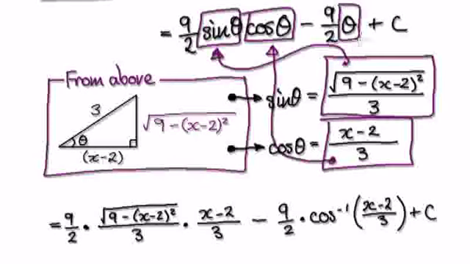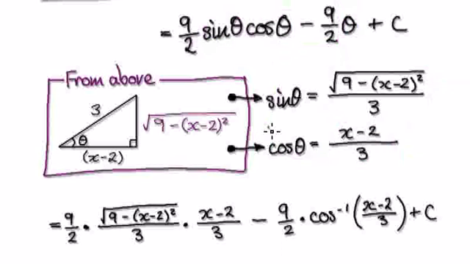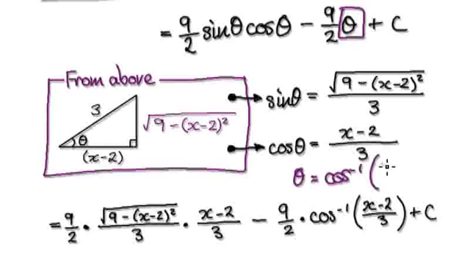And then now we need to know what theta on its own is. You can either use this one or you can use this one. Select the simplest of the two, which will be this. So from this, if you want to know what theta is on its own, then inverse both sides. So theta equals arc cosine of x minus 2 over 3.